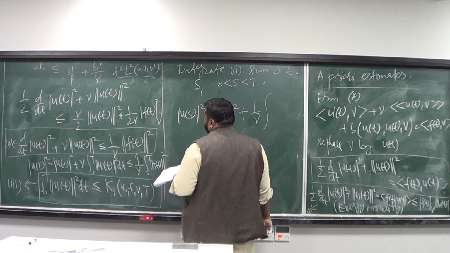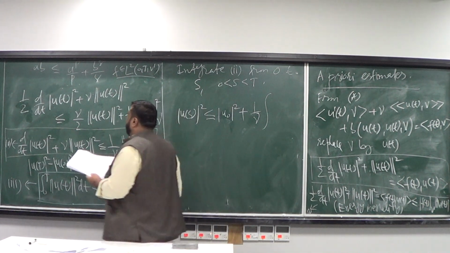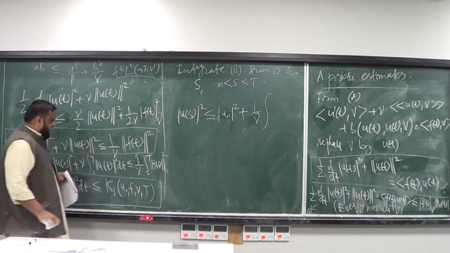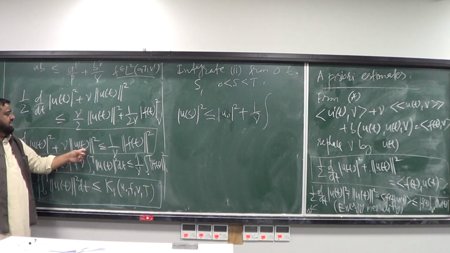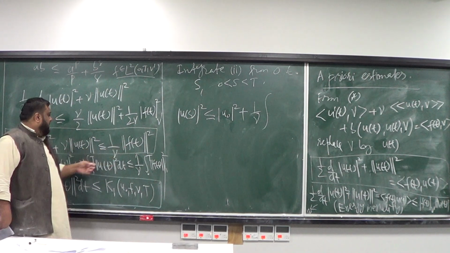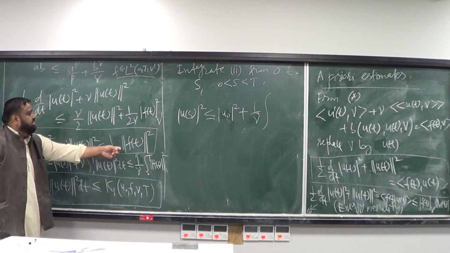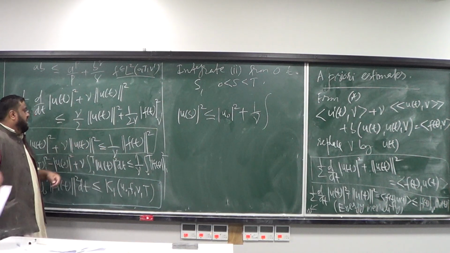I can do one thing before integrating it. This inequality is interesting: since both of these terms are non-negative and the sum is less than or equal to this, each one of these terms is also less than or equal to this.